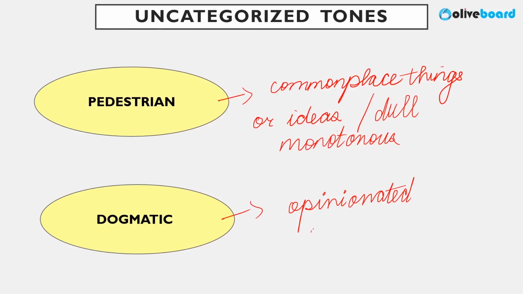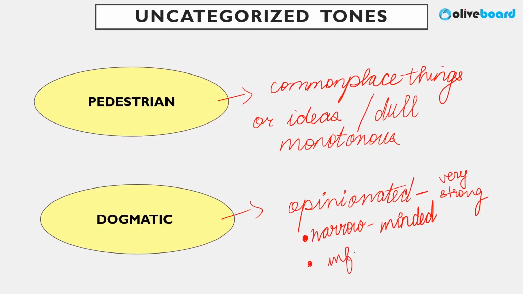It also shows narrow-mindedness when you're not open to other viewpoints. The writer has a viewpoint about the subject and he's narrow-minded, meaning he is not open to seeing other viewpoints. That is dogmatic tone. It is very assertive, a very strong opinion about a particular subject, not willing to change. So it is inflexible. When the writer is inflexible, not willing to change his idea or opinion about a subject, that is a dogmatic tone.